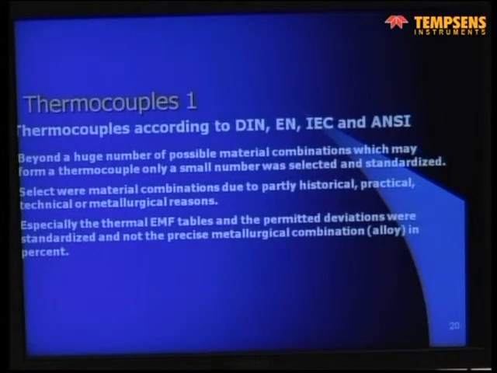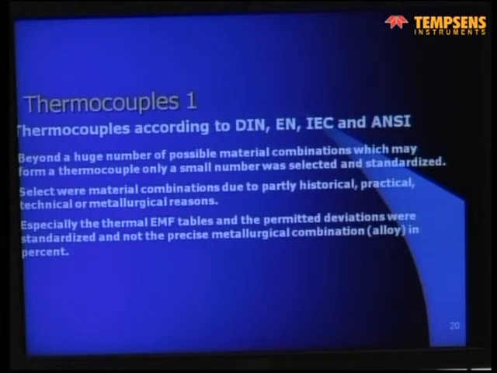And then they find, okay, this does not form class 1. So one of the components is melted up again, and by putting in small amounts of ingredients, they shift a little bit the Seebeck coefficient so that the combination forms a thermocouple type K, type J, type T, type E. This is practically how they do it, really.